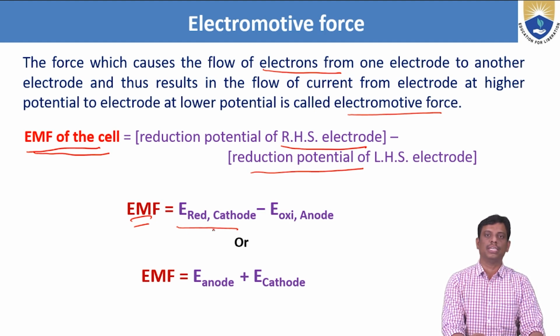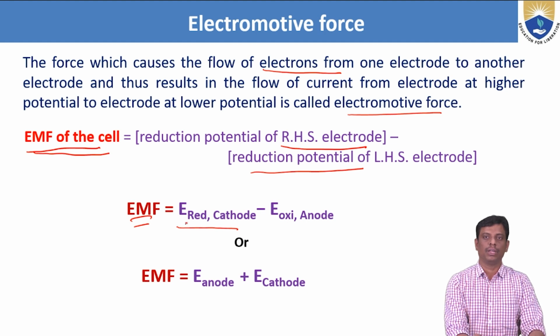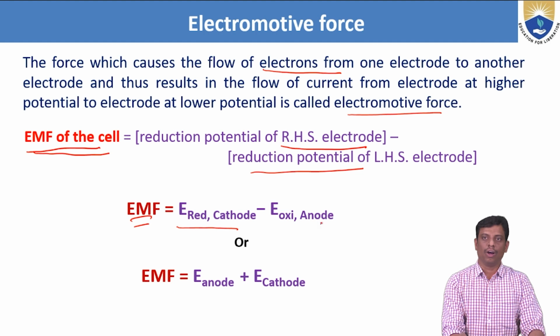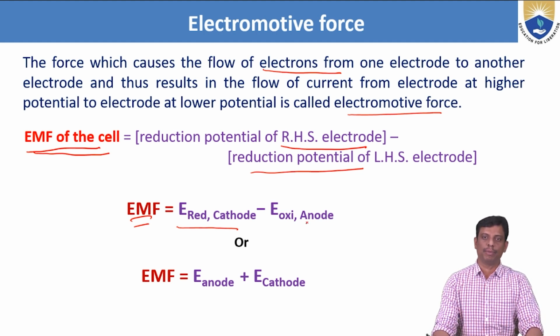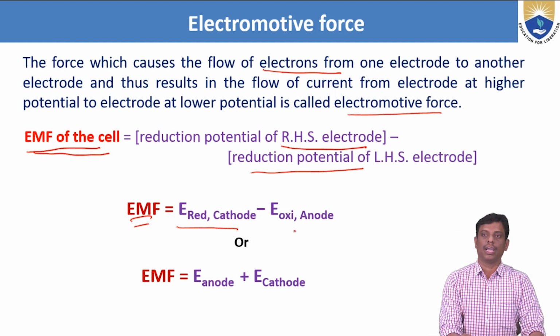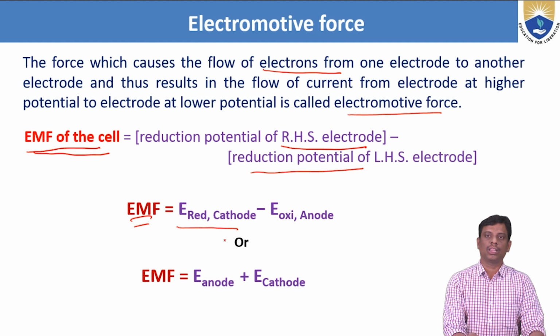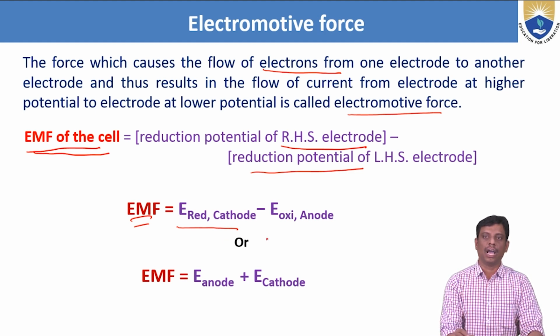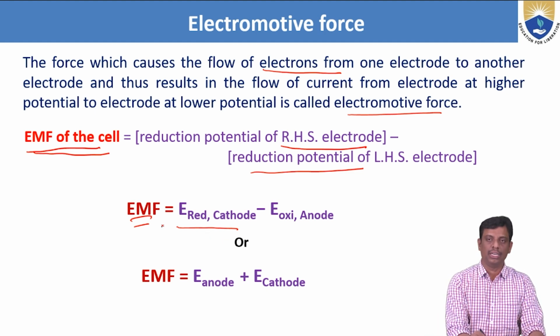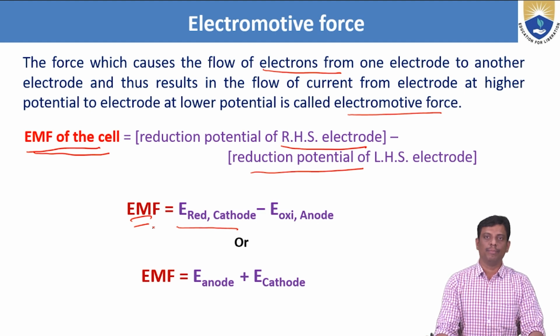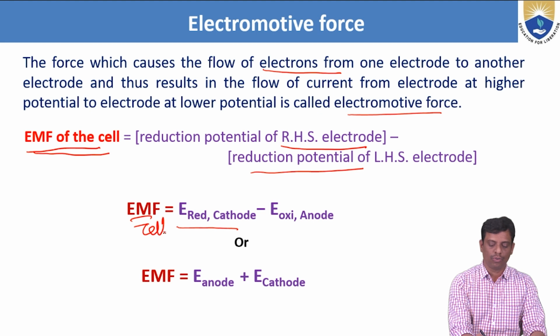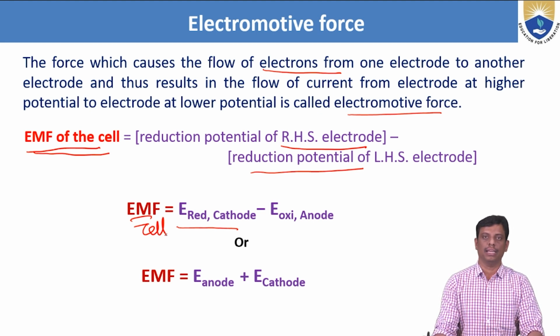The E cathode is represented by the electrode potential of the cathode, and E anode means that at the anode, oxidation takes place, so that is the anode electrode. So the cathode electrode potential minus the anode electrode potential, the potential difference, is called the EMF, the electromotive force of the electrochemical cell.